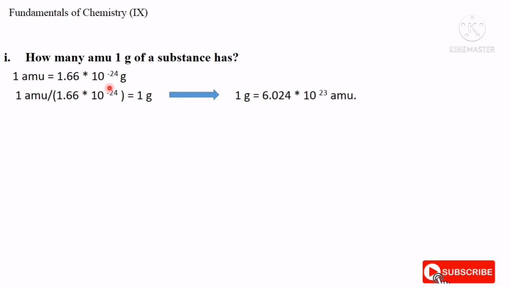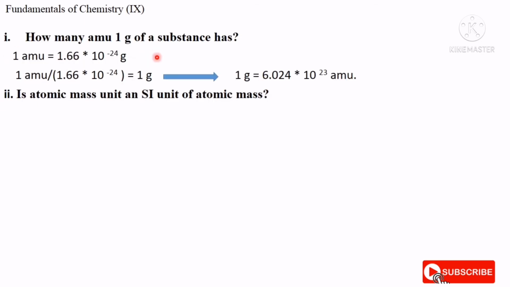By rearranging, 1 gram is equal to 1 AMU divided by 1.66 into 10 raised to power minus 24, and we get the answer that 1 gram is equal to 6.024 into 10 raised to power 23 AMU.